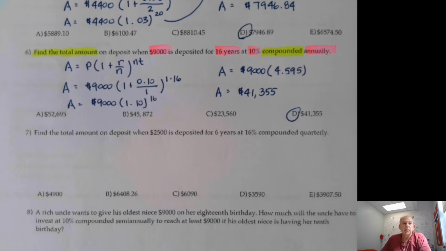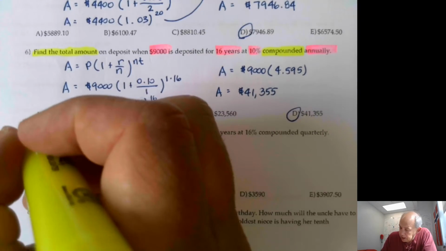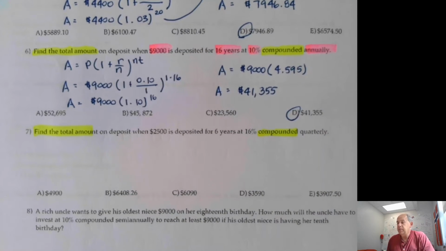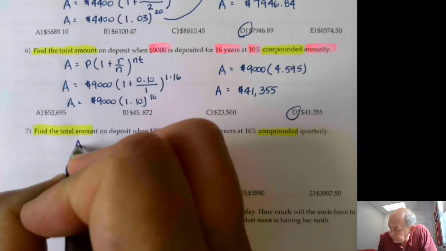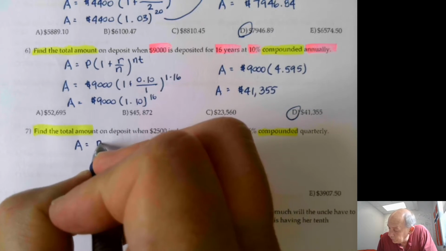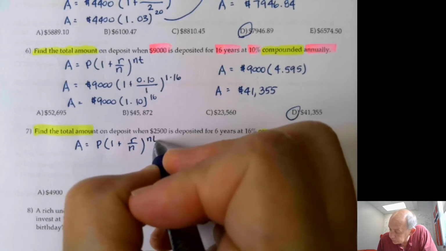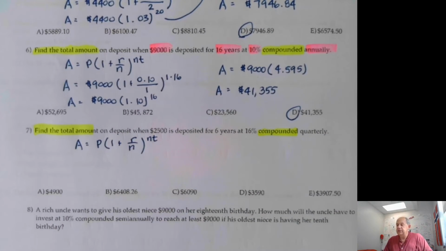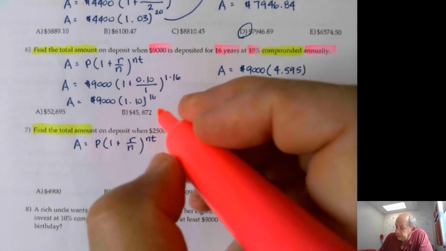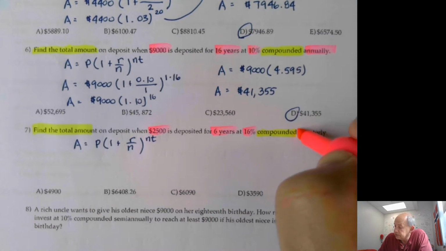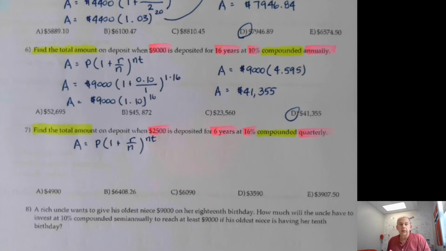Let's take a look at number 7. Find the total amount. All of these numbers, I see the word compounded. This is the exact same problem with different numbers. Future amount. Here is my equation. Wrote that out. Let me highlight the values that are going in. 2,500, 6 years, 16% quarterly.